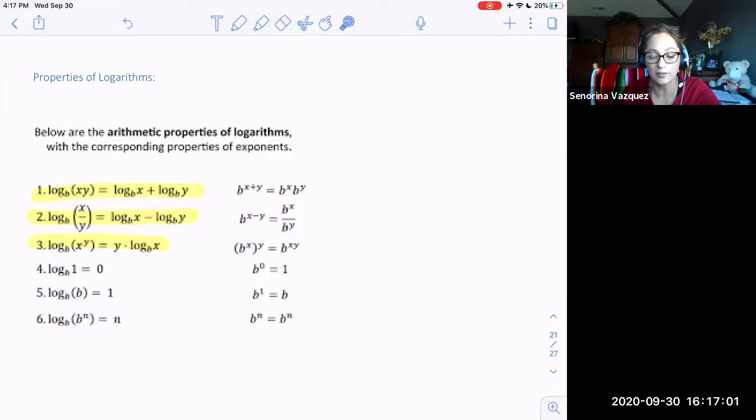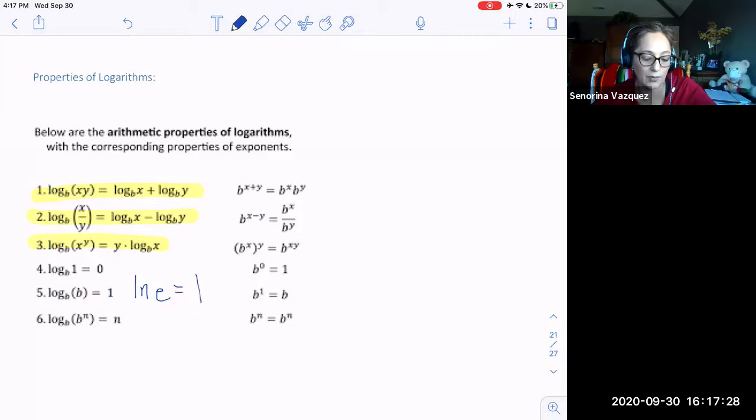In fact, we're going to use them in that order. Other things to remember is that the log base b of 1 is 0 and that the log base b of b is 1. How does that translate into the natural log world? That means that the natural log, which happens to be base e, of e, since the base matches the e part, is also equal to 1.